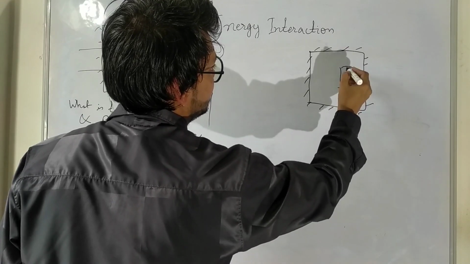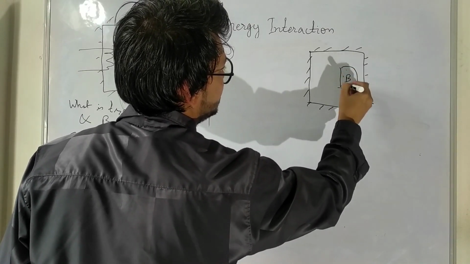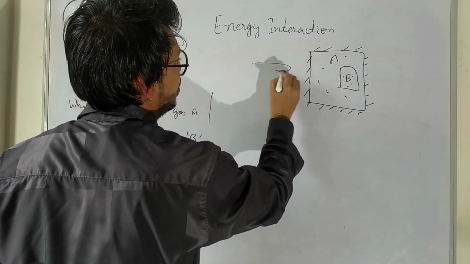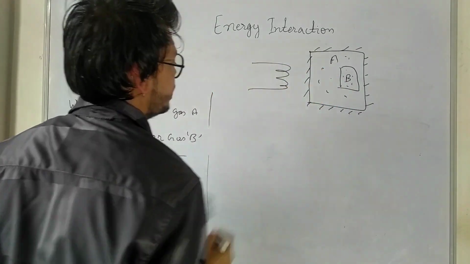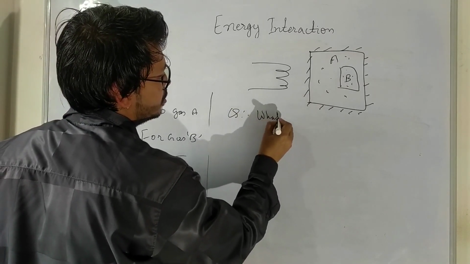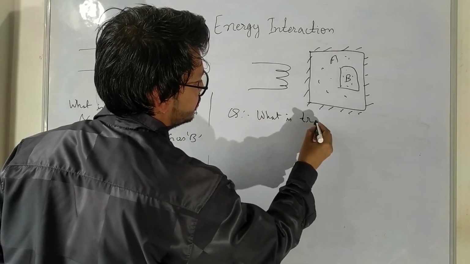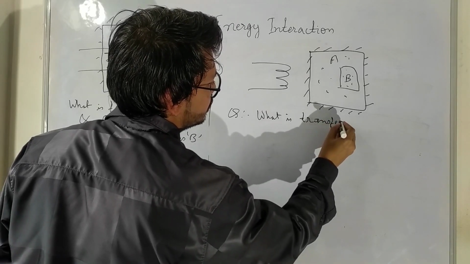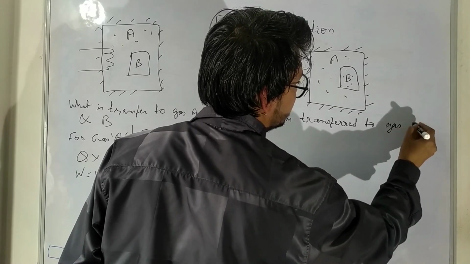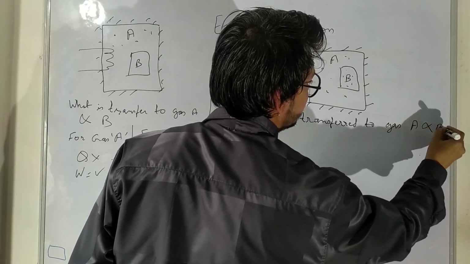Inside it there is another system B, in which gas B is there, and this is gas A. Now we put the electrical heater outside that system. Now the question is, what is transferred to gas A and B?